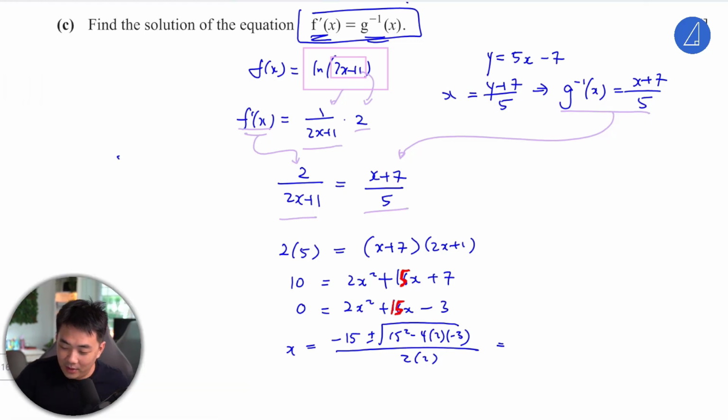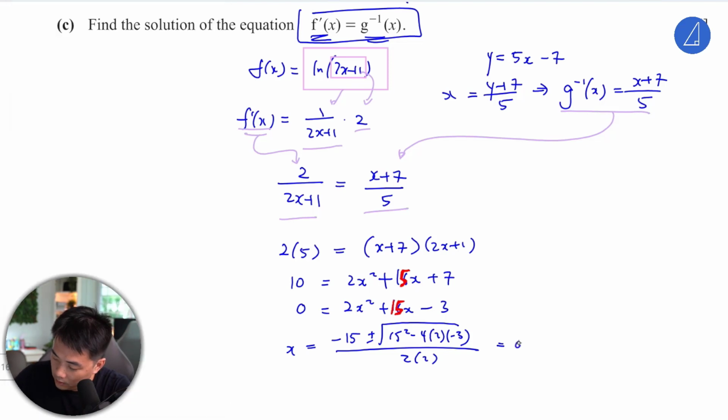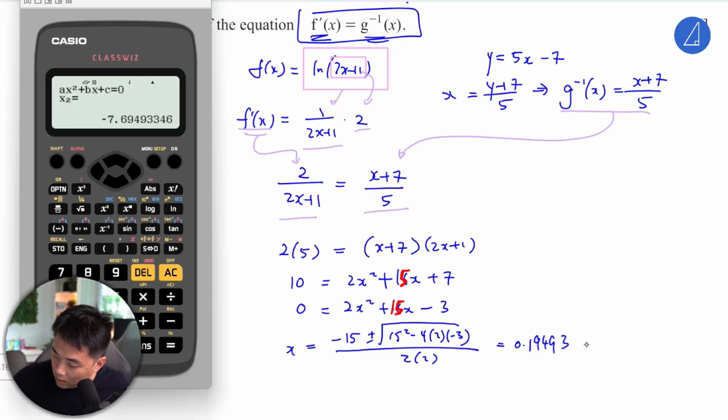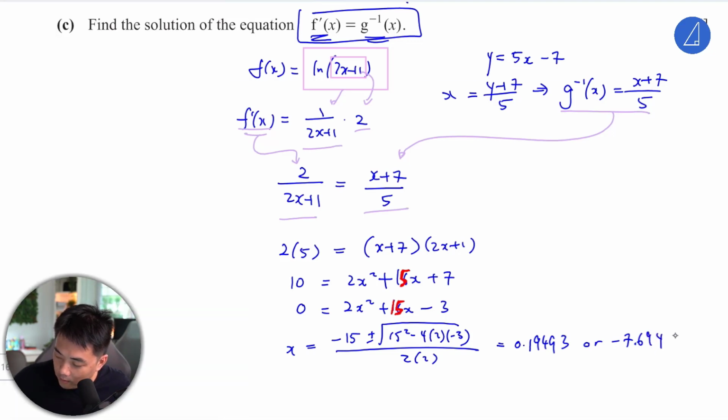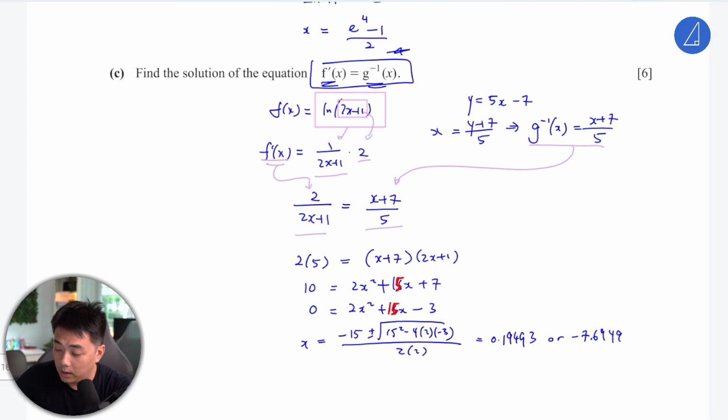Then after which, we check that this is 0.19493 or negative 7.6949.